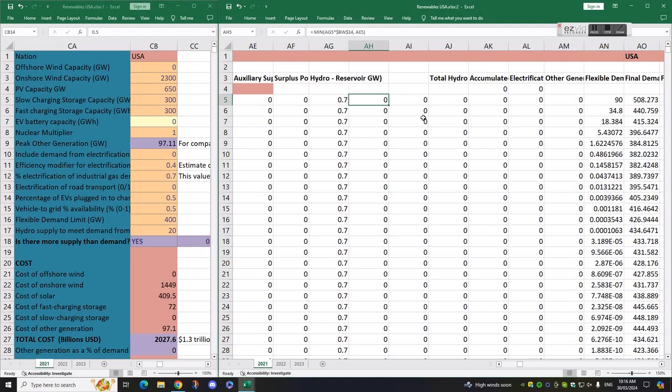And if after the hydro there's still a deficit in supply, then we have other generation. Now other generation in this column AM are sources other than wind, solar and nuclear and hydro.